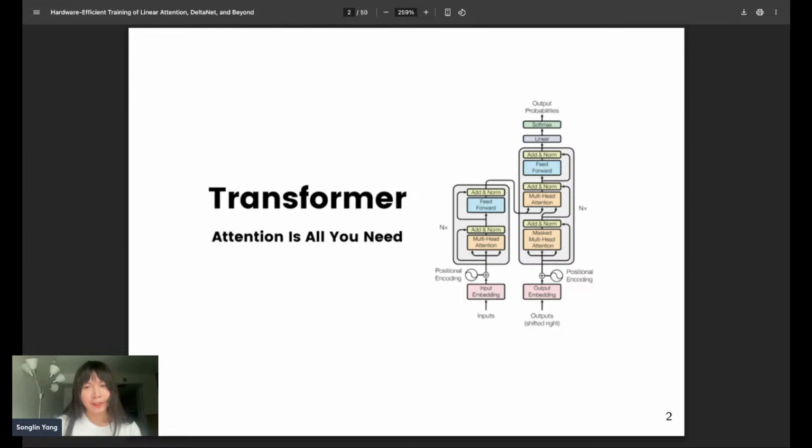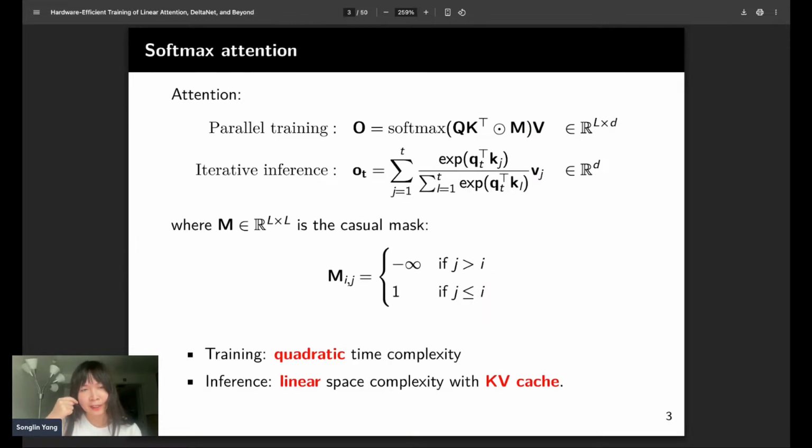And we all know the softmax attention mechanism. Here is a quick recap of it. For parallel training, we have three matrices, Q, K, V, of size L by D. L is the sequence length, and D is the head dimension. We only discuss a single head here, and M is the causal mask.